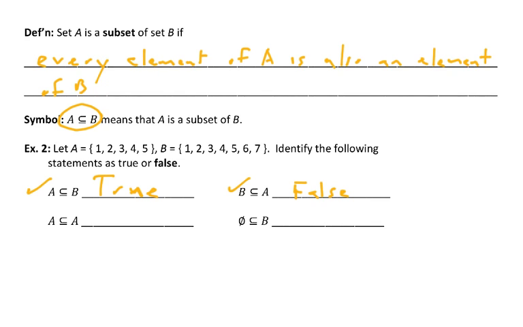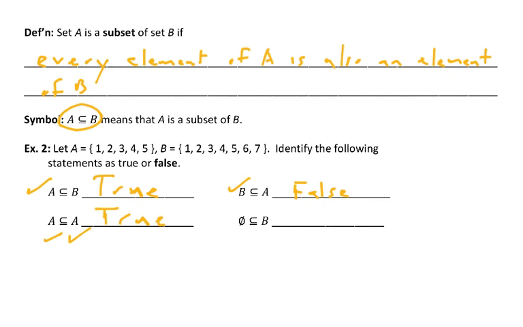However, the way the definition is written, if you state it in this case, is every element of A also an element of A? Yes, it is. So a set is a subset of itself.